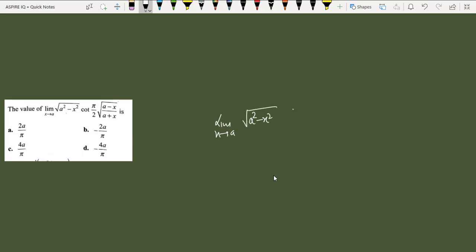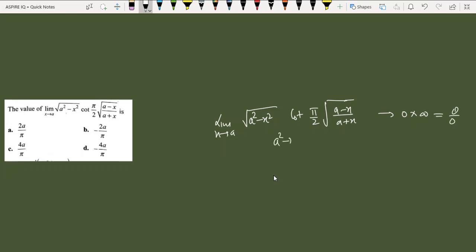This is written here: tan of pi by 2 root of a minus x upon a plus x, with x tending to a. This is 0 into infinity form. I will try to convert it into 0 by 0 form.